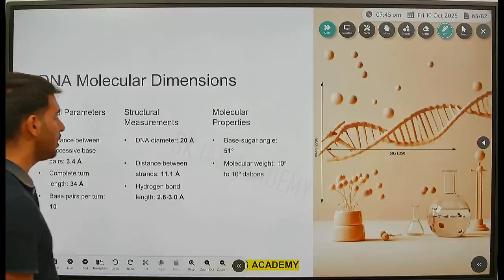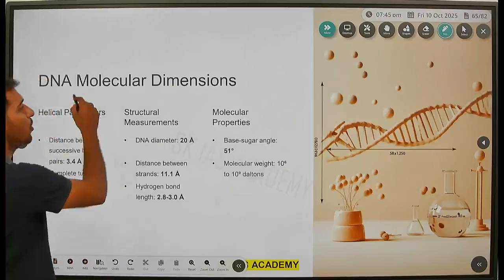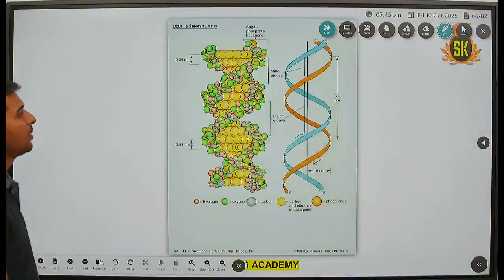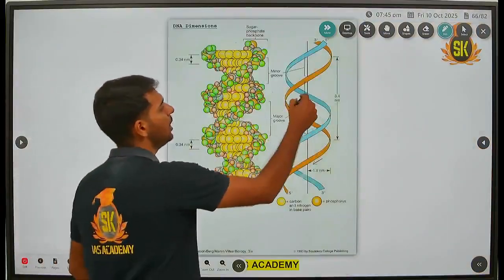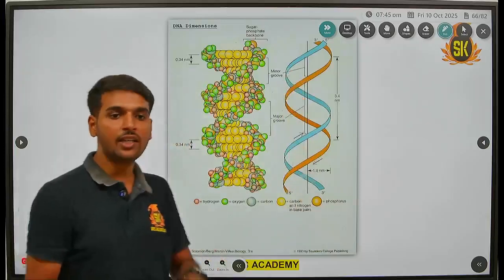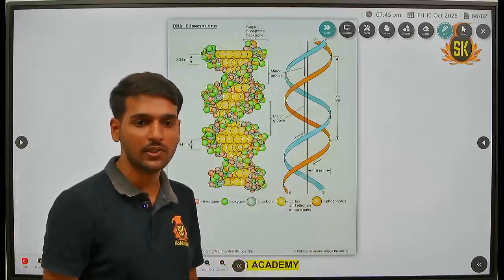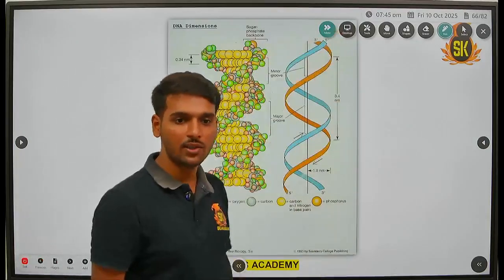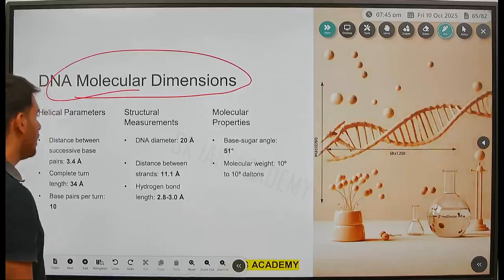So, DNA molecular dimensions: the pitch value per turn, how many nitrogenous bases in one turn, the length, all these things we are going to discuss.